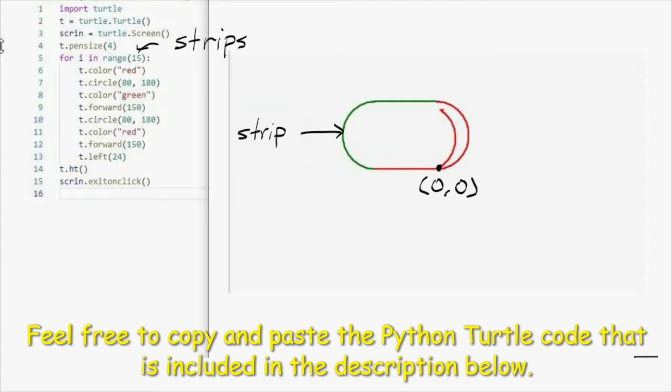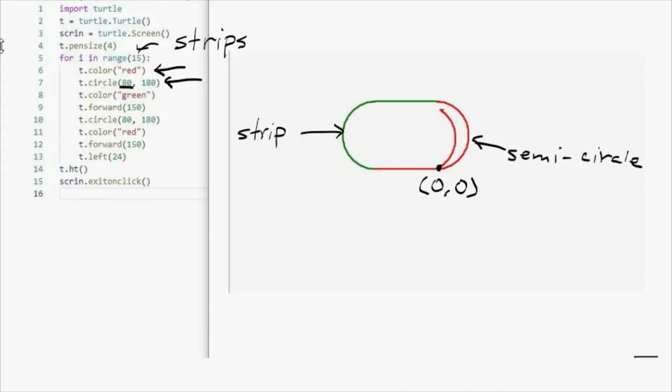And then before we draw this semicircle here, we assign the color red, line number 6. And then we draw the semicircle with radius 80.